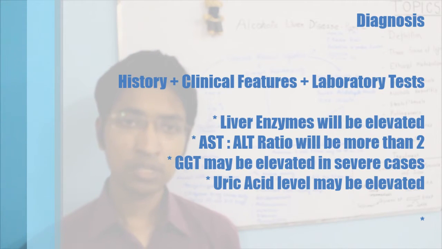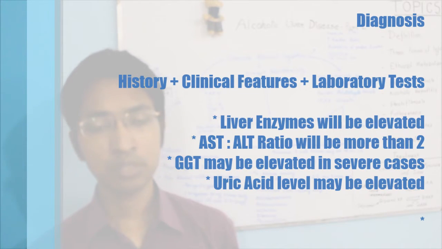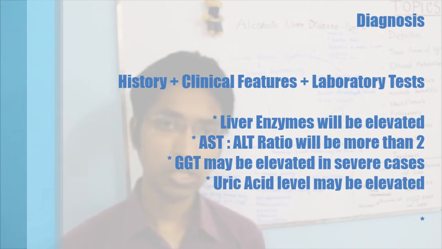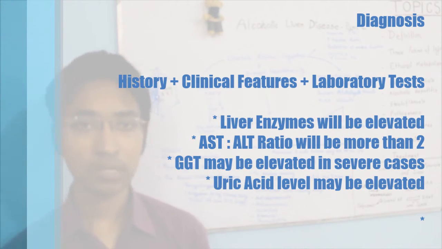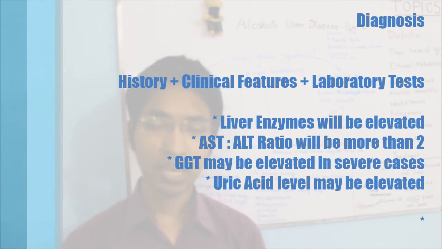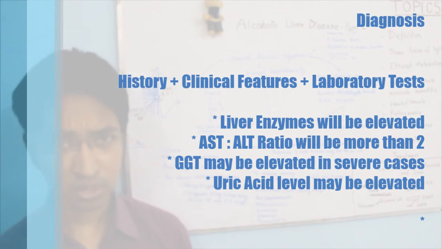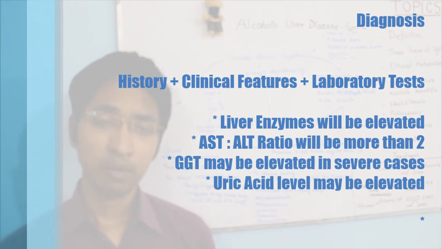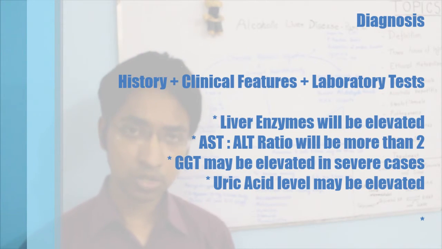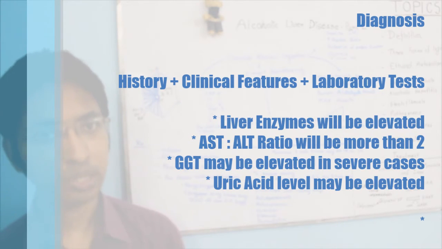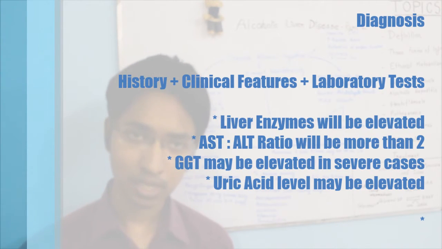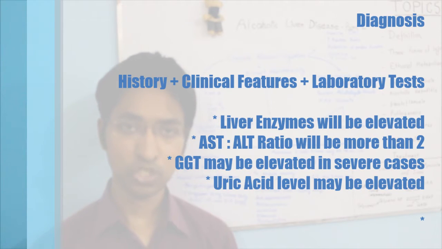Now, regarding the history of alcohol abuse, in many cases the patient may minimize or even deny the history of alcohol abuse. So the challenge is to gain the trust of the patient so that the proper amount of alcohol consumed can be known. We have already talked about the clinical features, and we had seen that they are variable in nature.